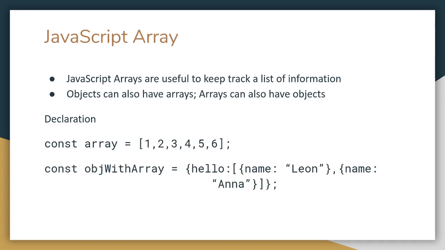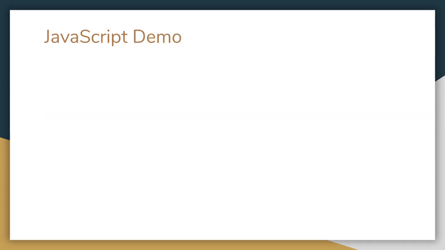And then there's JavaScript Arrays. Arrays are useful to keep track of a list of information. So objects can also have arrays, and arrays can also have objects. So if we look at the example below, we can see that there's an array of numbers, but there's also an object with an array of objects, which is completely valid in JavaScript.